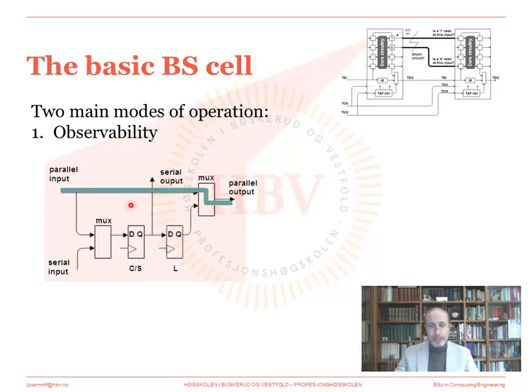Actually, we have two stages, what we might call the input stage or capture shift stage. You will see in a moment why it is called capture shift. And also the output stage, or the so-called latch stage.